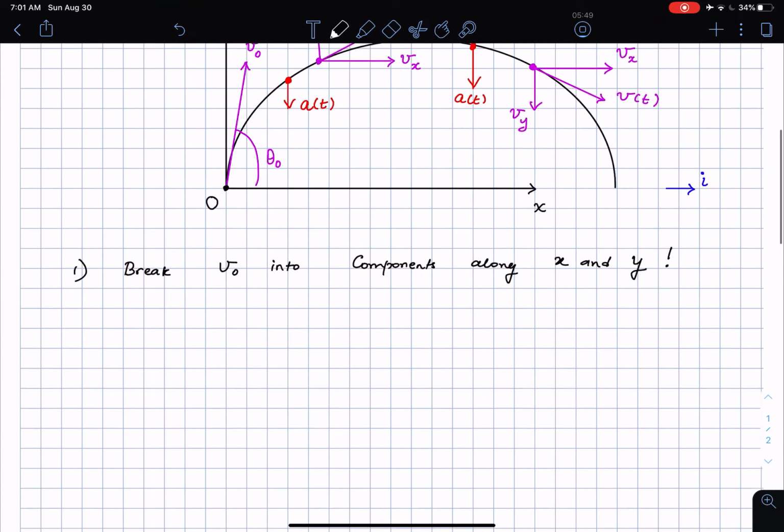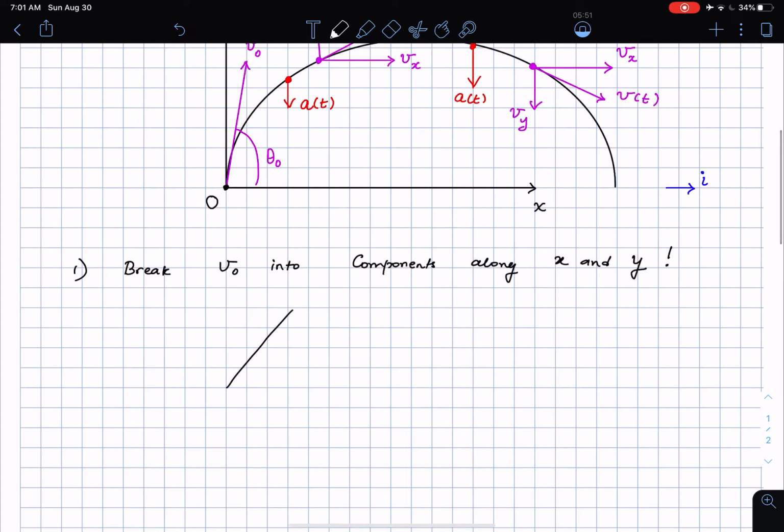Okay, so for that I have the following figure, right? Essentially I'm taking V naught, and breaking it up into a component along the x direction and the y direction. If I draw the right angle triangle, of course that's going to be the situation. This is theta naught, the angle here.